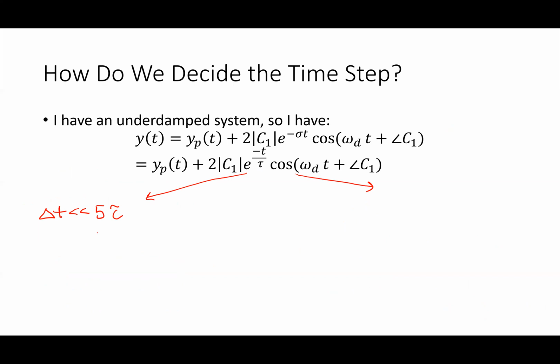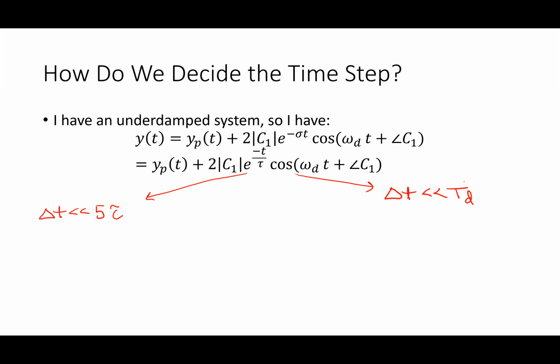We said much, much less than means at least a factor of 100 smaller. And then for the cosine, if I want to see the full feature, I want to see the full period of it. I need to make sure that my delta t is much, much less than the period, t sub d.